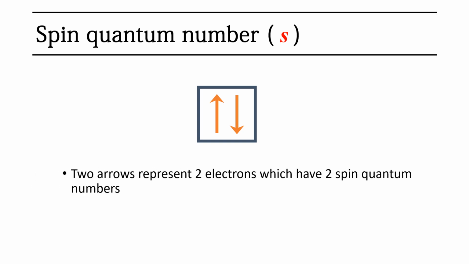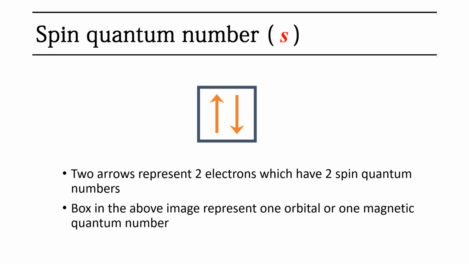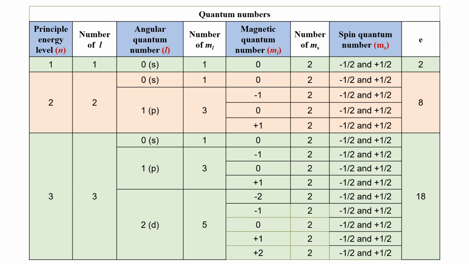An arrow represents an electron with one of two spin quantum numbers, and the box in the above image represents one orbital of a magnetic quantum number. Therefore, a single magnetic energy level contains two electrons which have two different spin quantum numbers, plus half and minus half. This summarized data we can represent in this table.